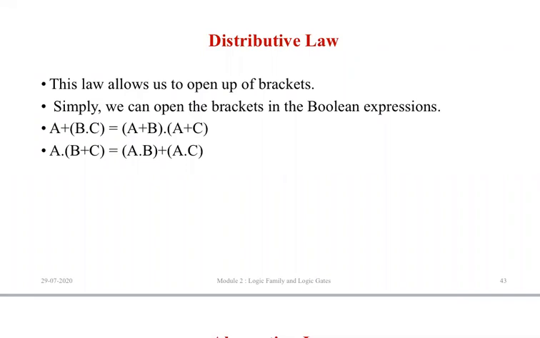So this is the distributive law, which I'm using when I'm opening up the bracket. In both the equations, you can see ANDing and ORing, both operations are there. So A or B ANDed with C, the result is A or B ANDed with A or C. So both operations are used. That is my distributive law.